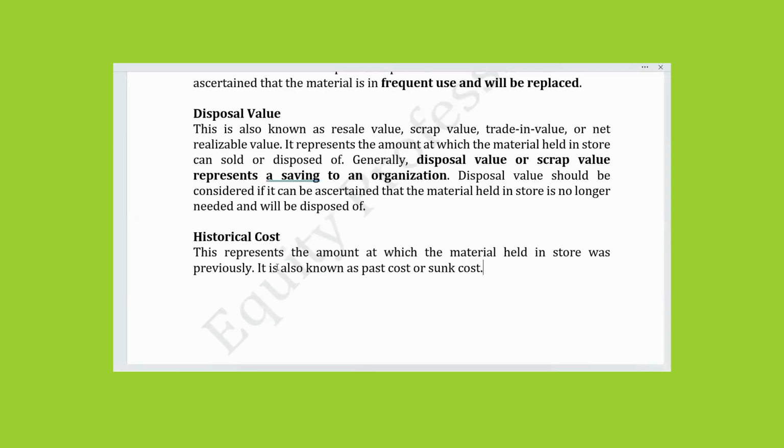Today, if you want to undertake a project that will require the same material XYZ, the cost of the material, 1 million naira 3 years ago, that is historical. Remember, we said the relevant cost must relate to the future. It must be futuristic in nature. So any past costs that have been incurred are irrelevant and should be ignored.